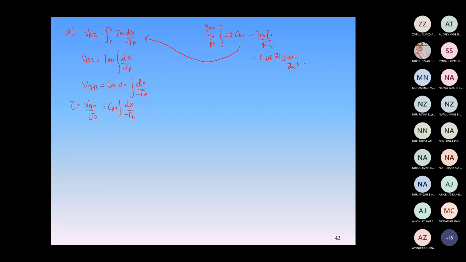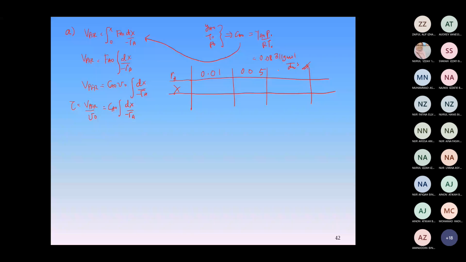And dX over negative RA is a function of RA with X. Remember before this we have a table in terms of RA and X. Given RA values are 0.01, 0.05, 0.02 and 0.01.